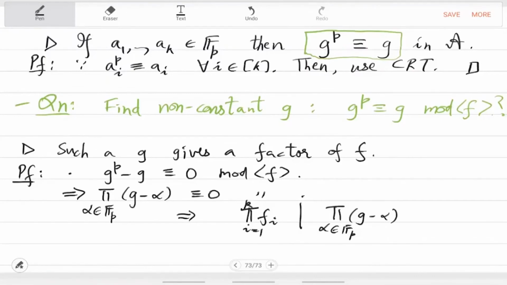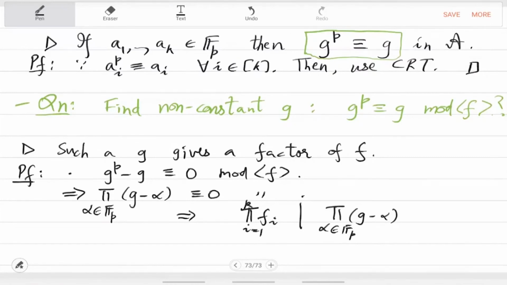Sure. But we are assuming that f is reducible. Otherwise, the irreducibility test would have already said irreducible. So we are in the case when f factorizes into at least two things.